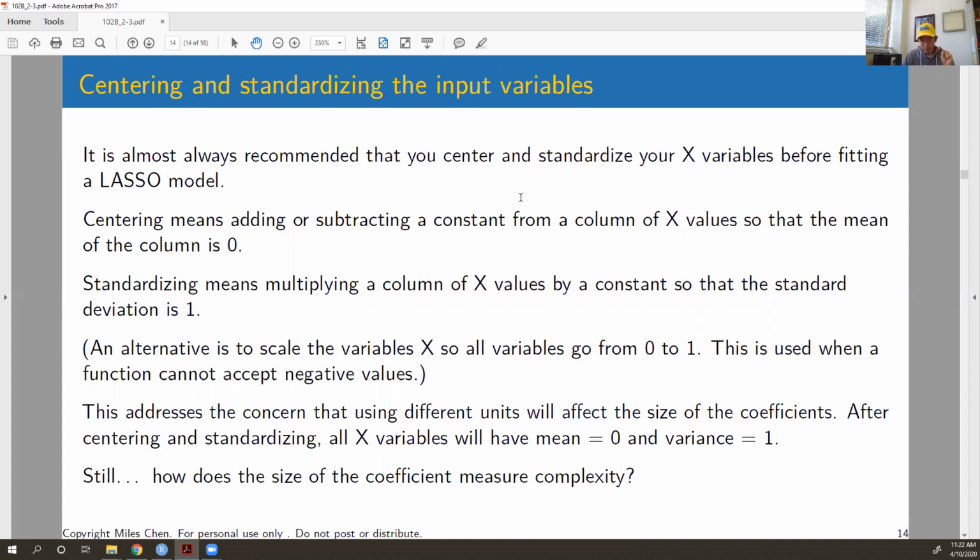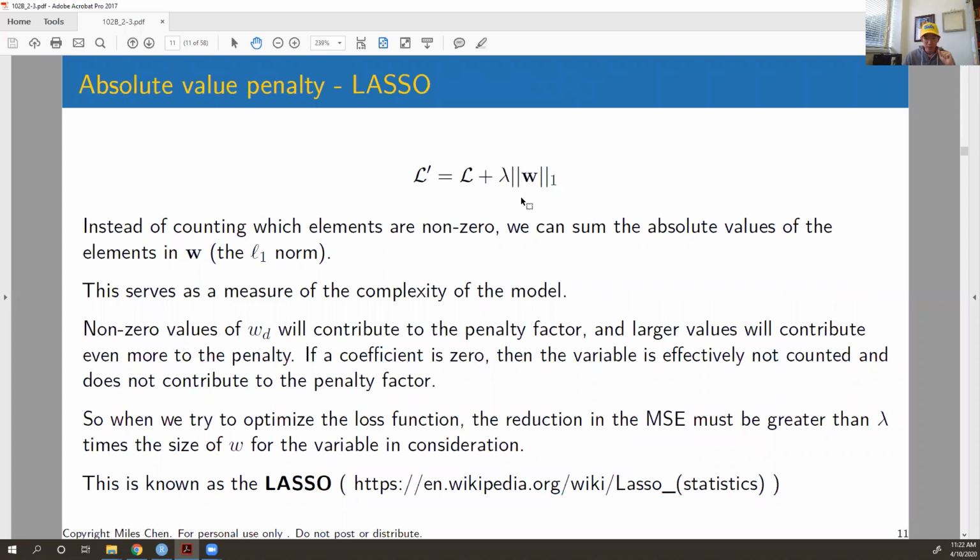Let me take a moment and go back a couple slides. When we try to optimize the loss function, reduction in MSE must be greater than lambda times the size of W for the variable in consideration, right? So when you're picking your best W's, let's say you can reduce your OLS loss, your ordinary least squares loss, by increasing the slope by a little bit. However, increasing the slope means this term is going to get bigger.